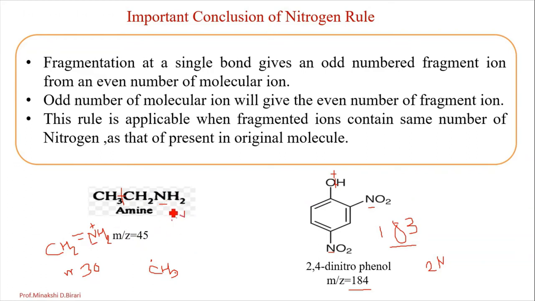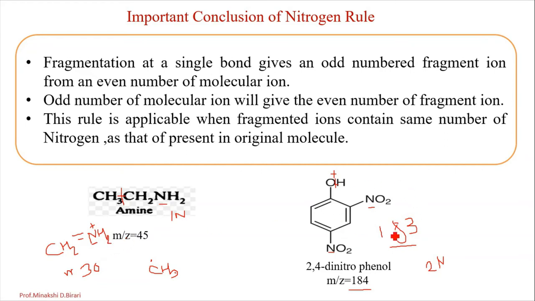And this rule is applicable only when the fragment ions contain the same number of nitrogens as that present in the original molecule. As we have seen, in the first example one nitrogen is present in the molecular ion and one nitrogen in the fragment ion.